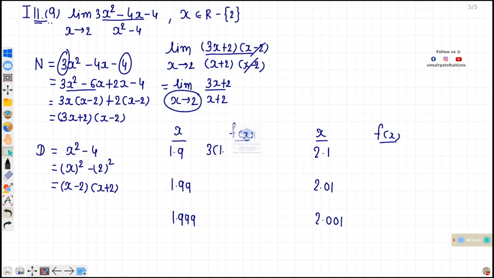So 3 into 1.9 plus 2 divided by 1.9 plus 2. So it will be 1.97, 1.997, 1.9997.